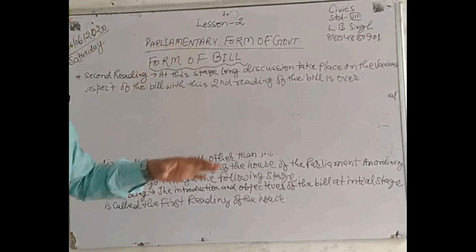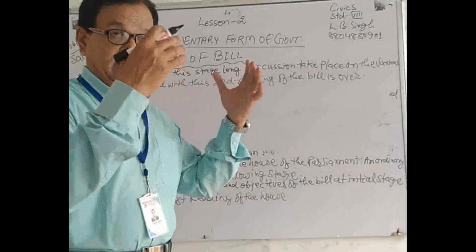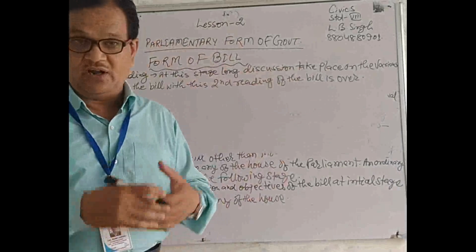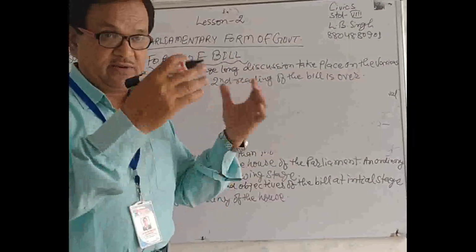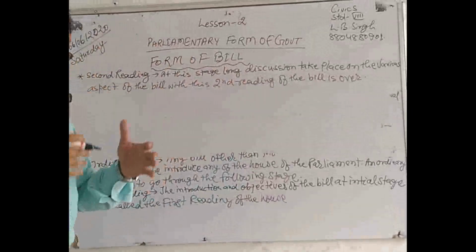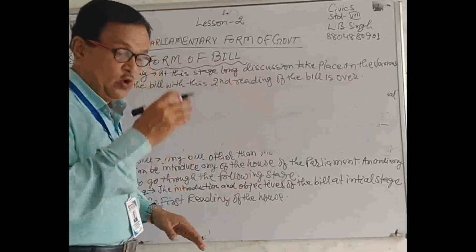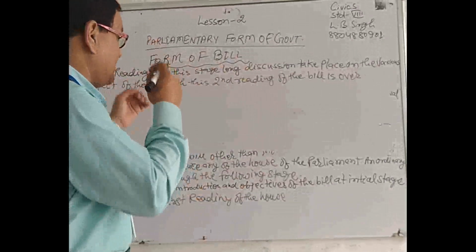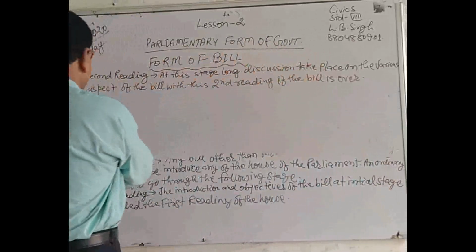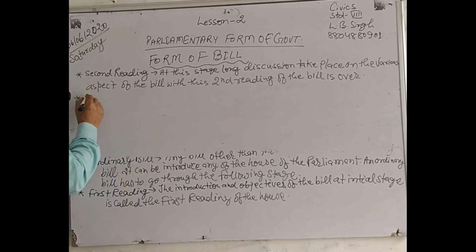All the members of parliament give their opinion regarding that bill, whether it is beneficial or harmful. They have to decide whether they are in favor of the bill or not. After this discussion, if most of the members are in favor of the bill, then it will be produced for the third reading in the house. The house means parliament, meaning Lok Sabha.